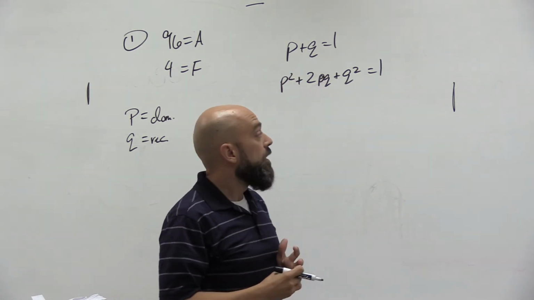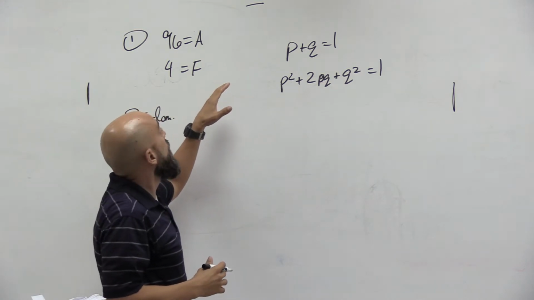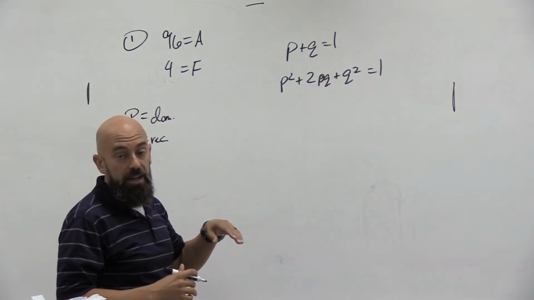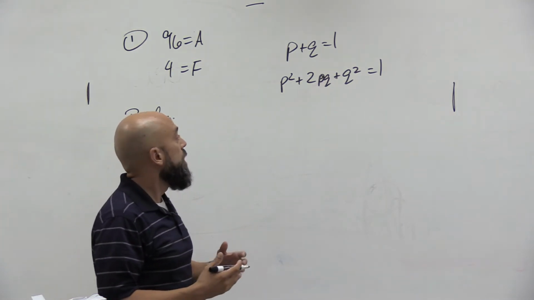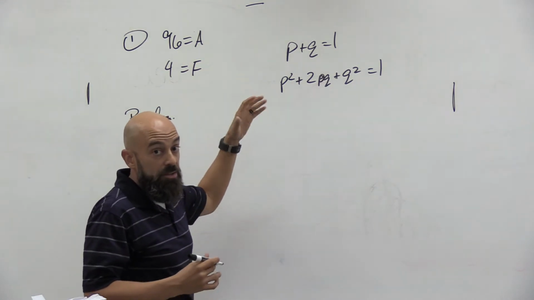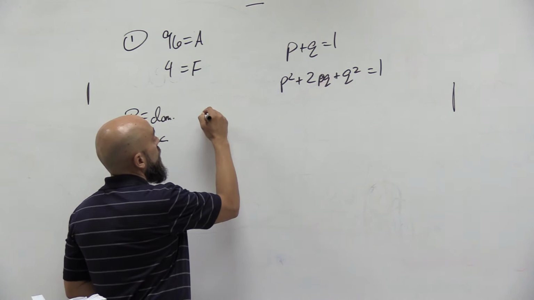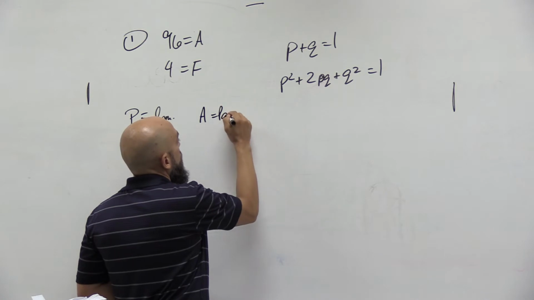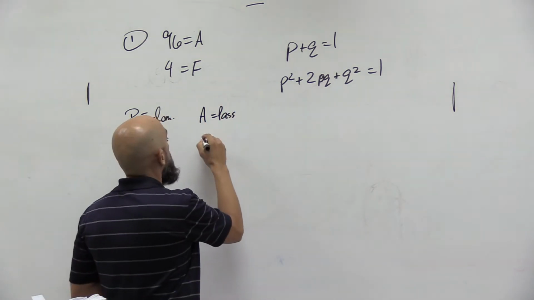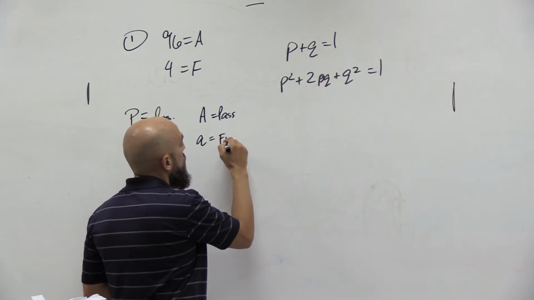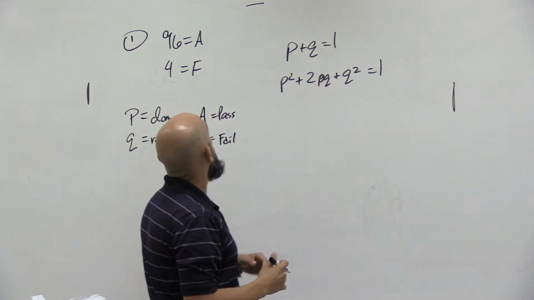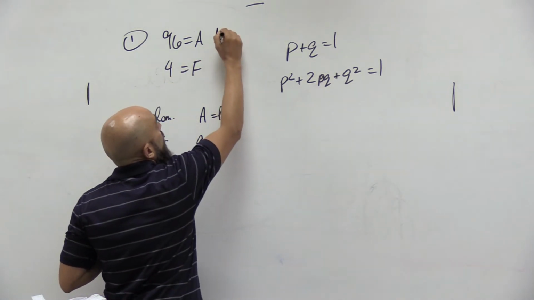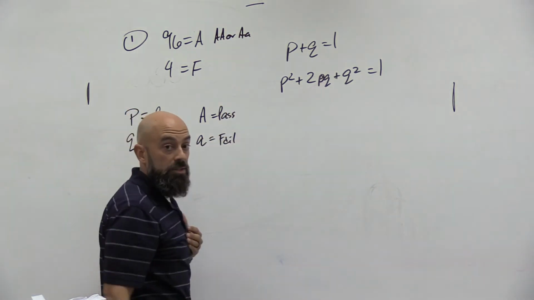It's the one that's kind of scary, but we're going to use our P and Q variables. With the information we're given at the beginning, we've got these 2 different phenotypes. Remember, the phenotypes are what you see, but your phenotype could come about from multiple genotypes. Just to make this easy, let's use A. A is the dominant allele, and that's going to equal pass, whereas little a is our recessive allele, and that means fail. So the 96 who passed have either big A, big A, or they're heterozygous, big A, little a.